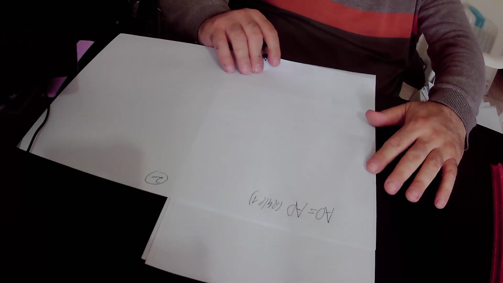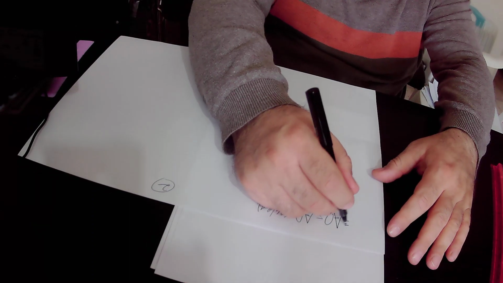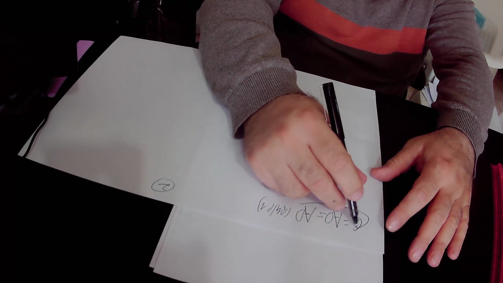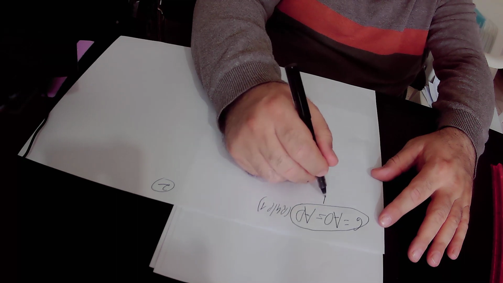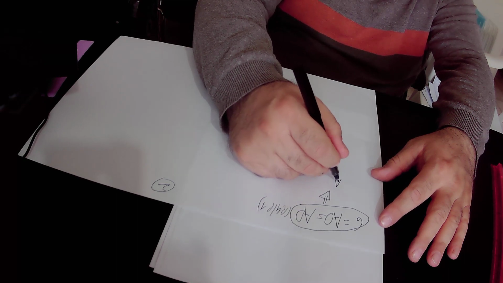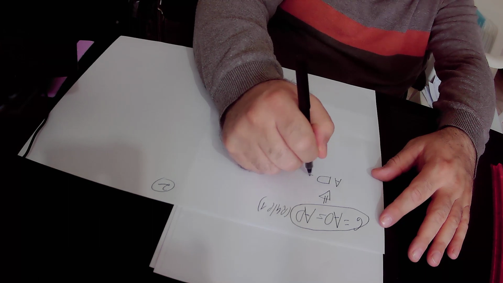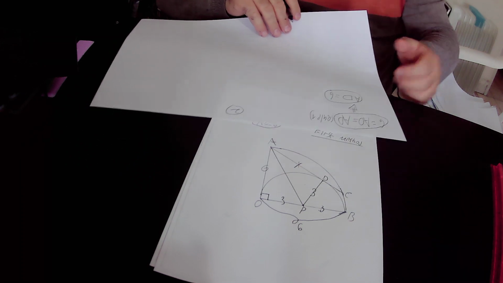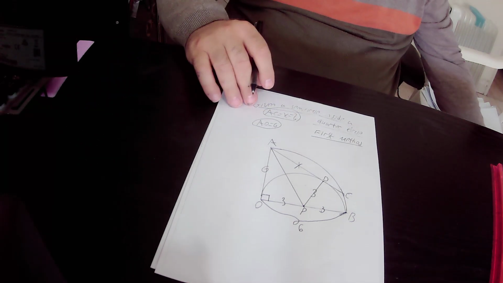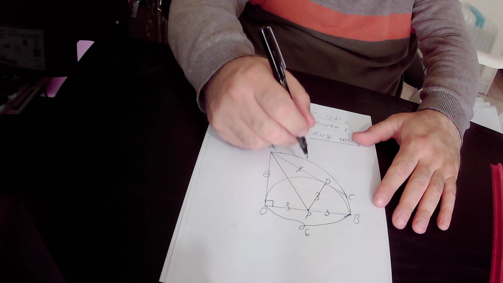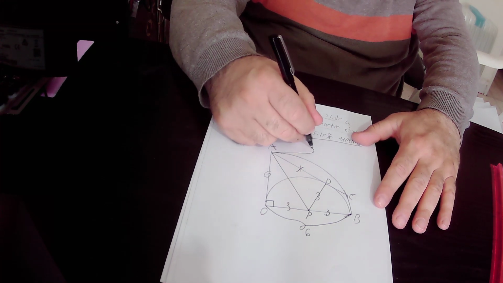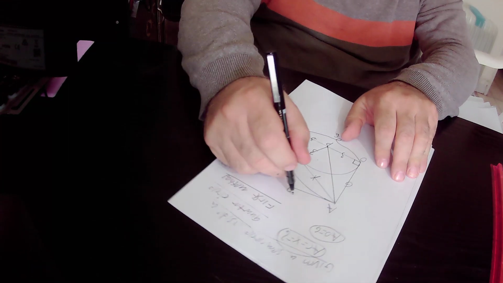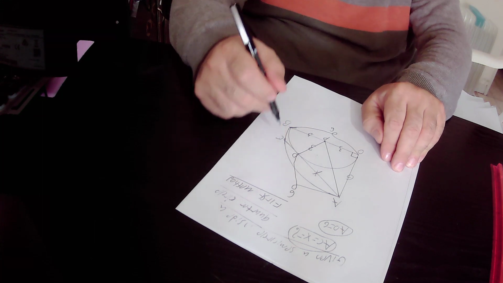So from this equation, 6 equals AO equals AD, we derive that AD is also equal to 6 units. So I can write here that AD equals 6 units.